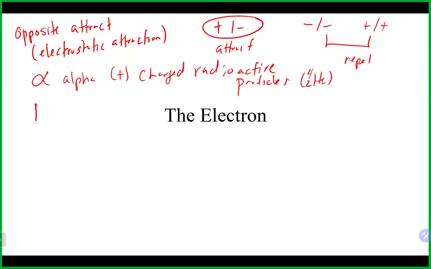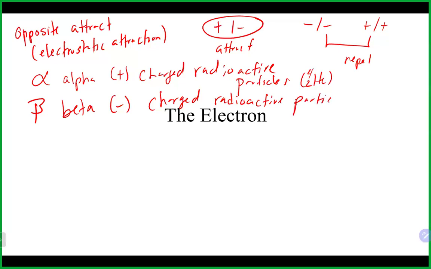There's also beta particles, which are negatively charged radioactive particles. It's essentially an electron, and sometimes you'll see it symbolized like that instead of the beta symbol. And there's also gamma rays, which have no charge and are pure energy.